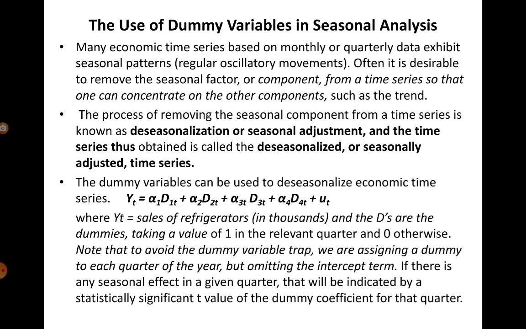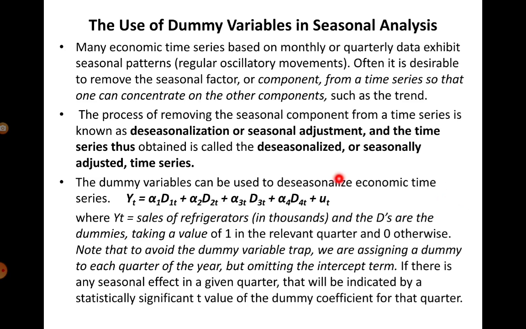Here, the example that I have copied from the book talks about the sales of refrigerators, and we are trying to study the economic trend of refrigerator sales. So we are interested in deseasonalizing, or seasonally adjusting, the sales data we have at hand, so that we can concentrate only on the trend component.